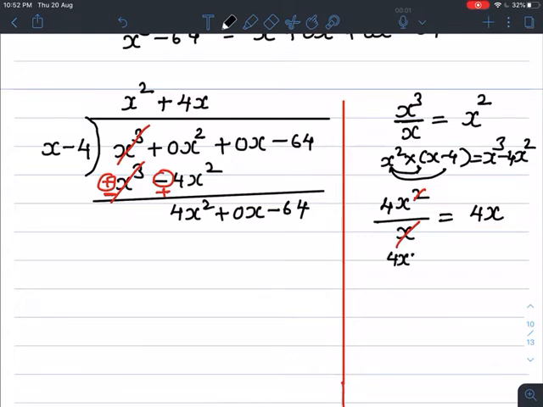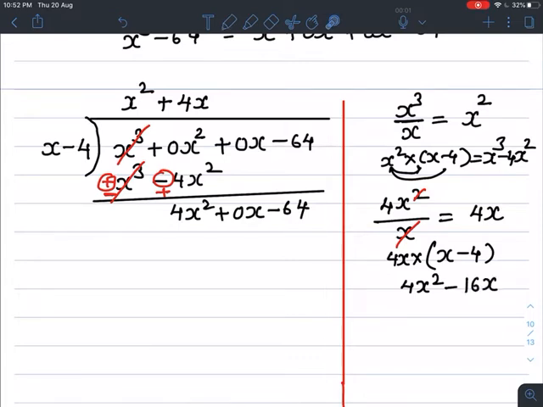So you have to multiply 4x into x minus 4. So it will be 4x square minus 16x.